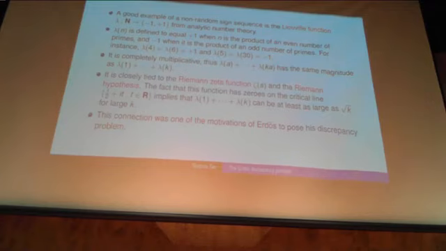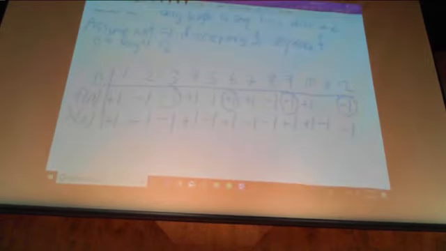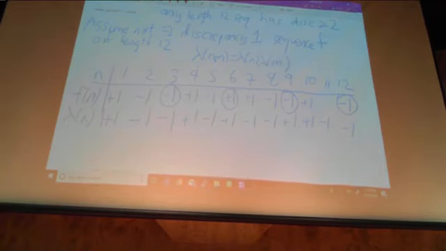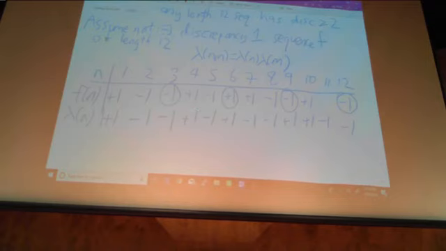The relevance of this function is that it has a property of being completely multiplicative. If you take the Liouville function of a product n times m, then it factors into the product of lambda of n and lambda of m. For example, lambda of 9 is the product of lambda of 3 and lambda of 3, so plus 1 is minus 1 times minus 1.